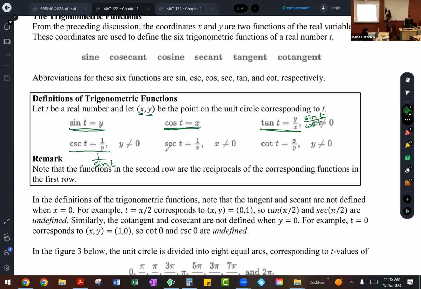You can write the secant, which is the reciprocal of the cosine function, as 1 over cosine of t. And then your cotangent, being the reciprocal of the tangent function, you can write as cosine of t over sine of t. So just alternative definitions for these functions.